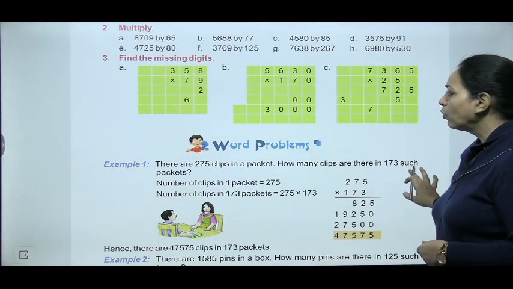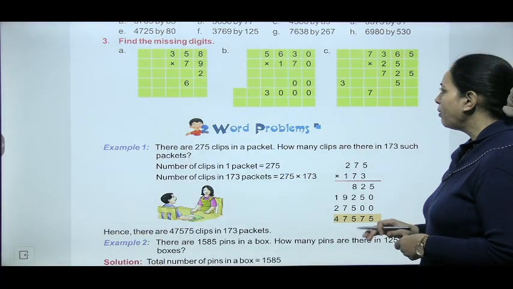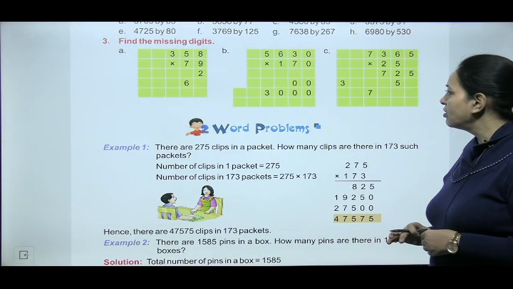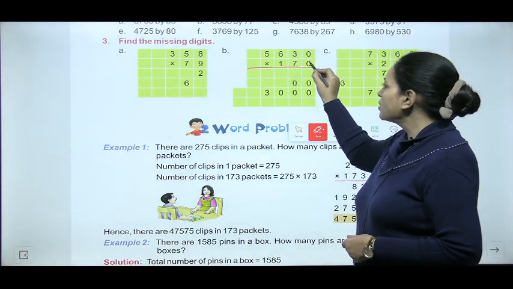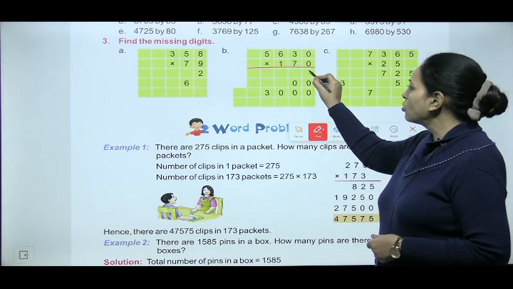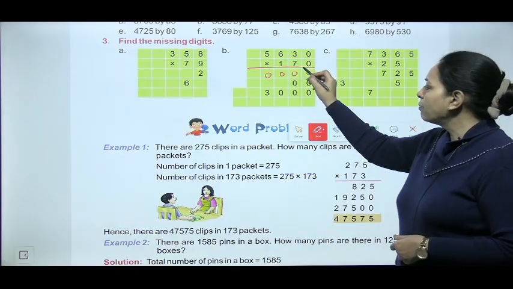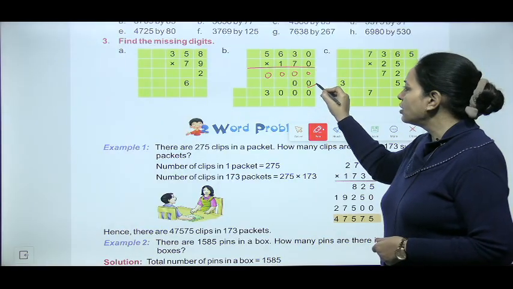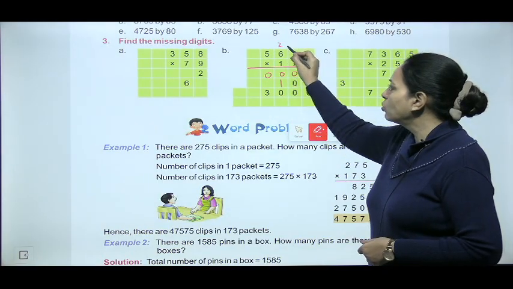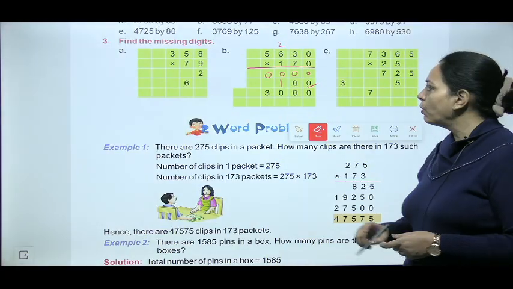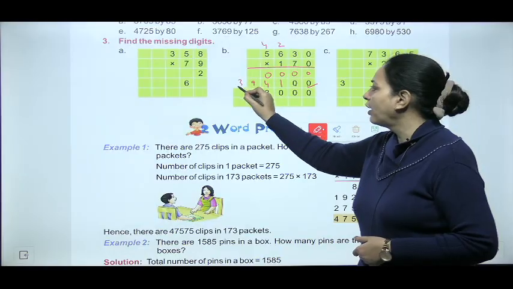Now the third one also. Third one, okay, we can do like here, find the missing digits like B part. 5630 multiplied by 170. We have some digits. So here first multiply by ones digit, so you will get 0. Then the next multiply by 7. So here first write 0, 7 zeros are 0, 7 threes are 21, 1 here, 2 carry, 7 sixes are 42 plus 2, 44, 7 fives are 35 plus 4, 39.